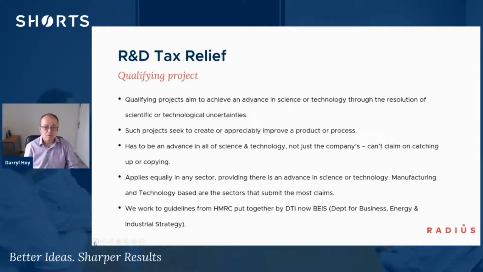So when we're looking at software and software engineering, that would be the field to measure the advance against, and what the current state of knowledge is, and how you're appreciably improving on it. It applies in any sector, but technology and manufacturing companies are the ones that submit those claims to HMRC. These claims are produced in line with guidelines from HMRC, which are written by the Business, Energy and Industrial Strategy Department, which used to be the Department of Trade and Industry.